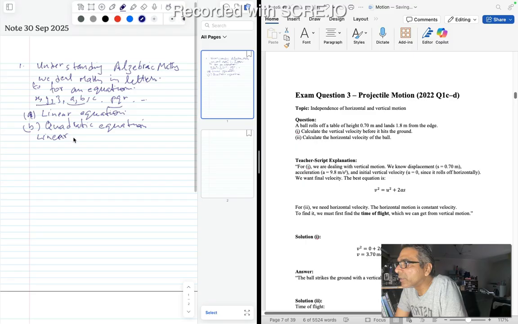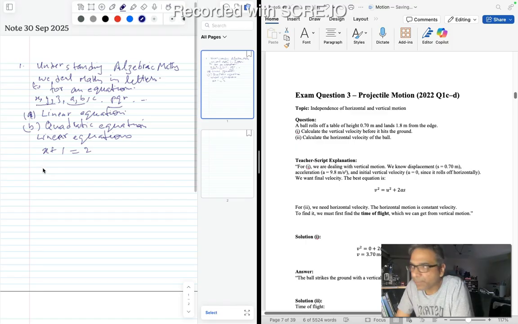A linear equation is where we define something like x plus 1 equals 2. Let's say this is an example. Or if there are more variables, then we can say x plus y plus z equals 3, right?